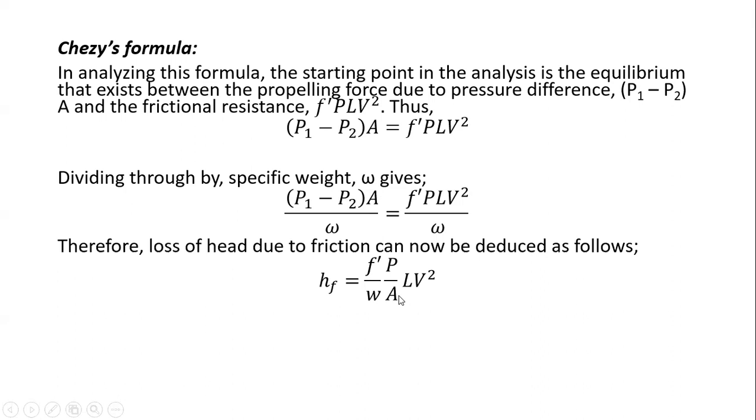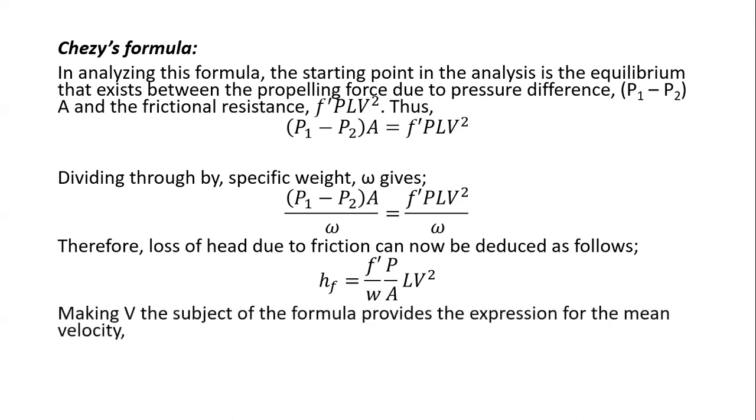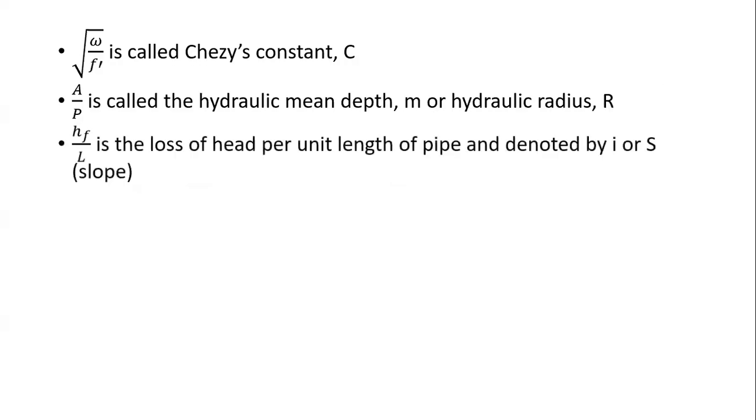That is when you're using Chase's formula, but that's not all. If you make V the subject of the formula, you have V = √(ω/f') times √(A/P) times √(hf/L). Now with this one, you can split them. The reason we put this alone is that this ω over f', where f' is referring to the coefficient of friction, is our C, Chase's constant, which sometimes can even be given, or you are given both values.